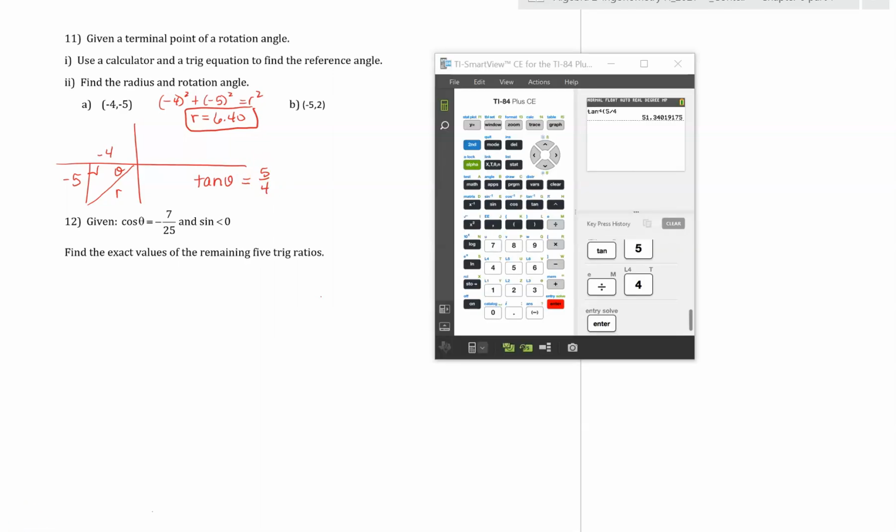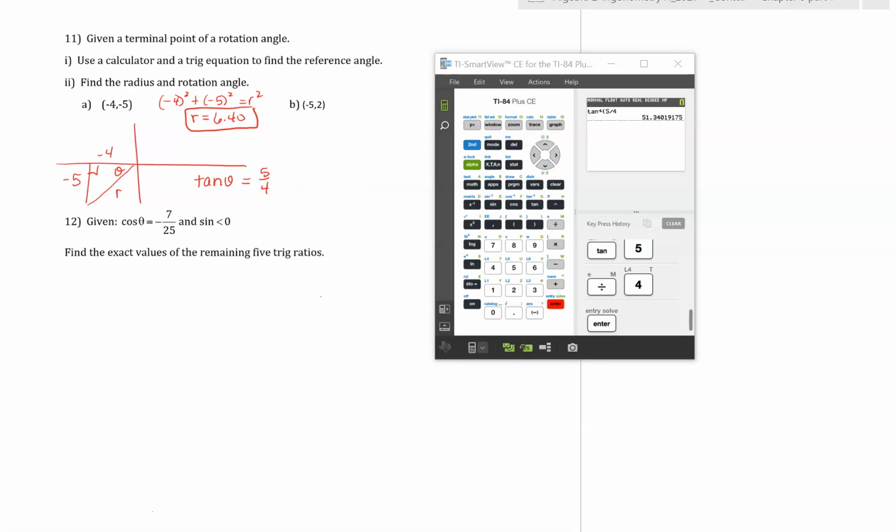I would like to find this angle. You could use tangent. The tangent of theta is opposite over adjacent. Now go ahead and type this into your calculator and see what happens. This is where it helps to understand reference angles. Notice that my calculator gave me a reference angle of 51.34.